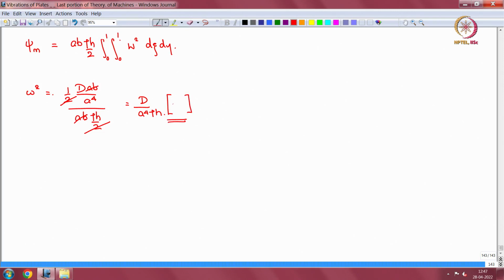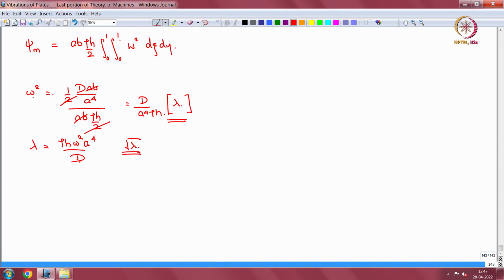Let us call this lambda. Then lambda becomes equal to rho h omega square a fourth by D, and what is listed is root of lambda.